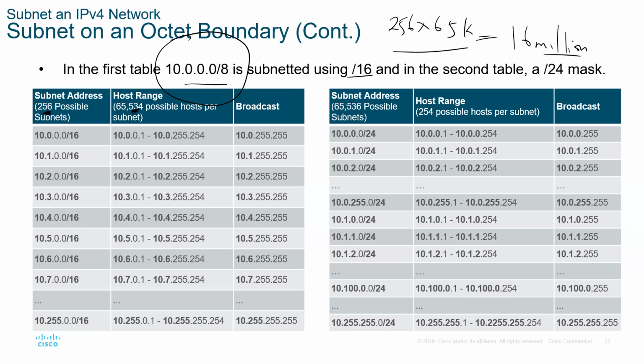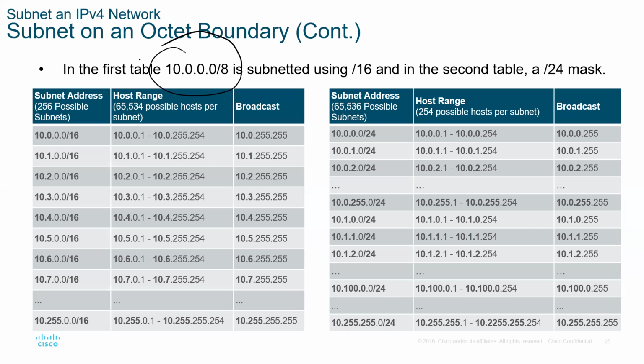Taking one big network, in our case the big network is this one, we break it down into 256 networks, but those 256 networks now have fewer host addresses. They now have 65,000. So what are the networks that we have?